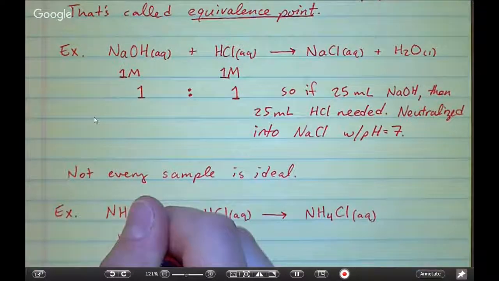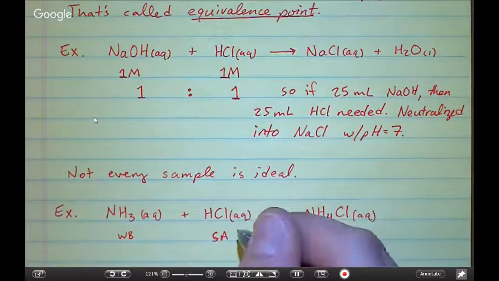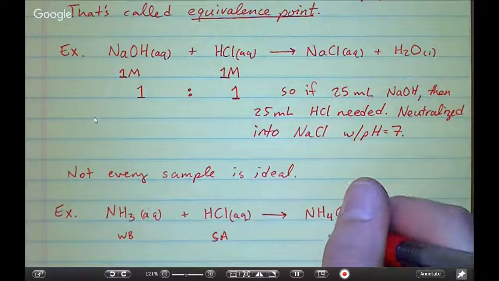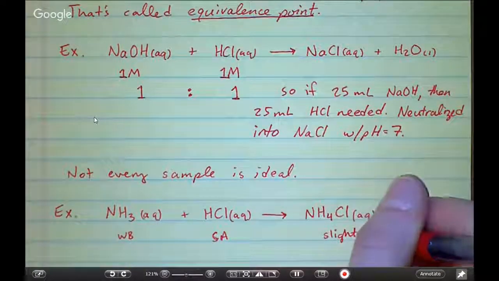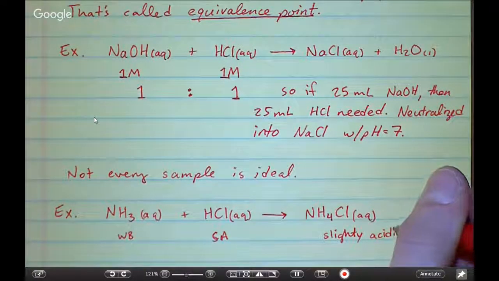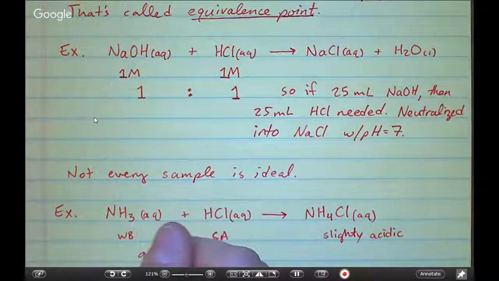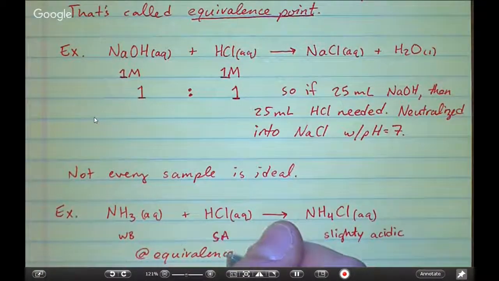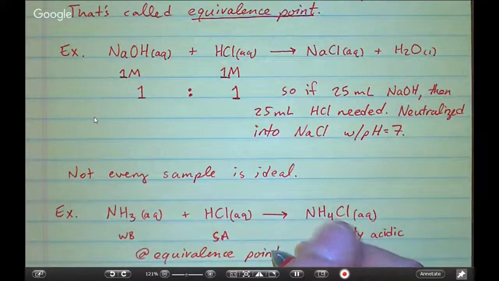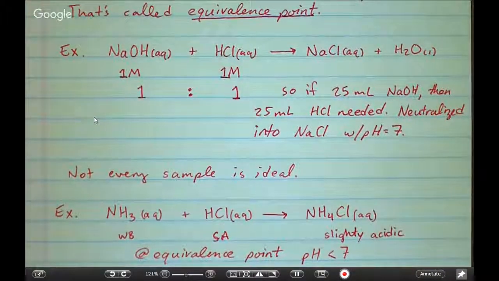Because ammonia is a weak base and hydrochloric acid is a strong acid, we would expect our salt, or our product, slightly acidic. Okay, so that means our equivalence point is going to happen at a pH less than 7.